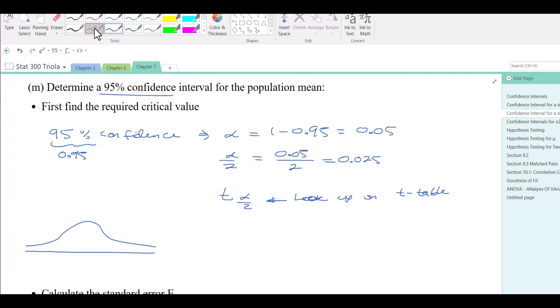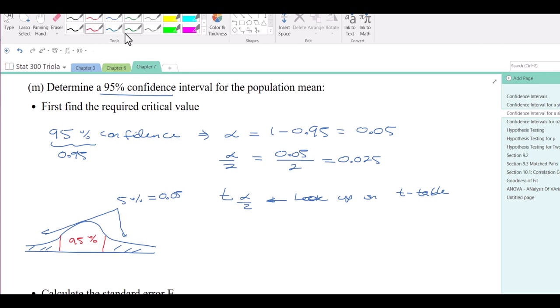When you have 95% confidence, that means 95% of the data is here. So what's left on the tails? On the tails, we're going to have the remaining. What will make it 100? 5%, so this is 5% or 0.05. When you have a two-tailed test, and we'll talk a little more later in the semester about what it means to be a two-tailed test, then we will do this.